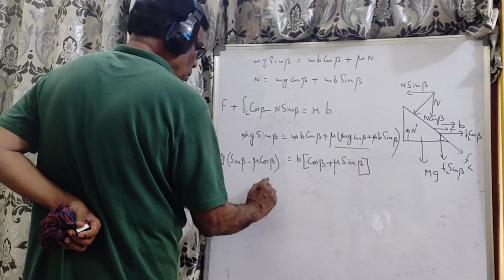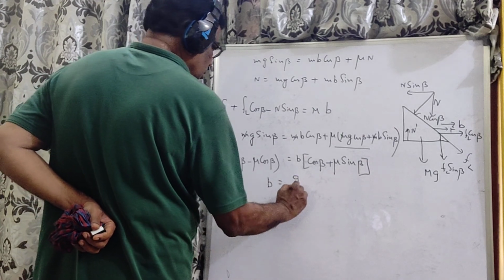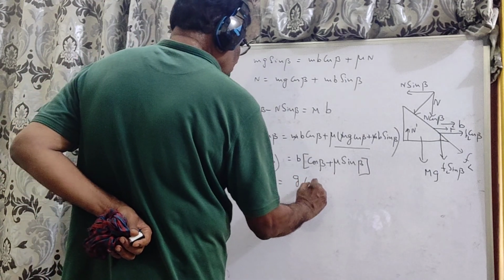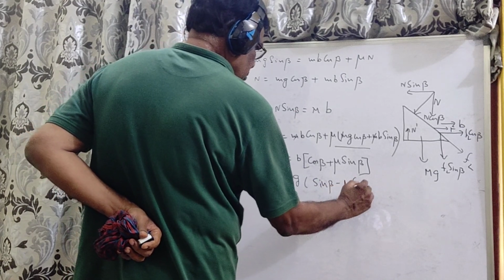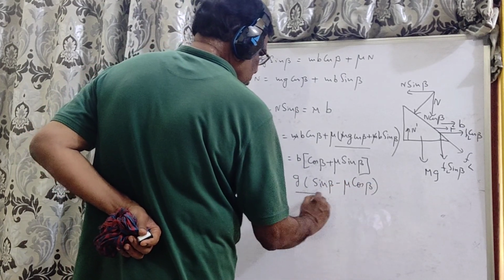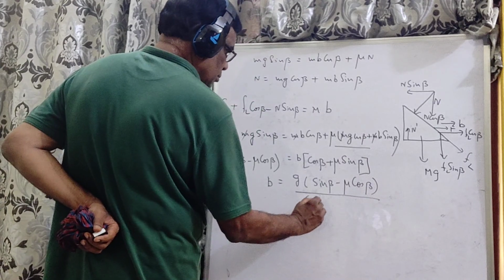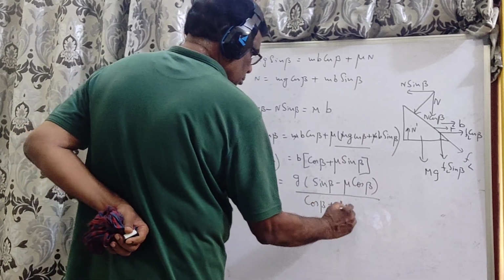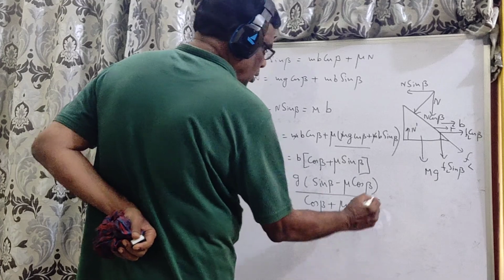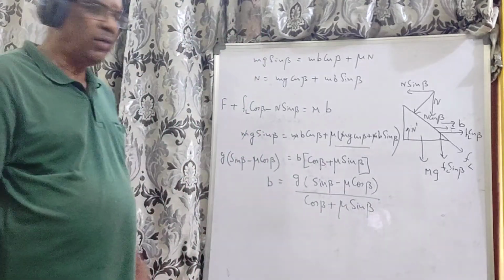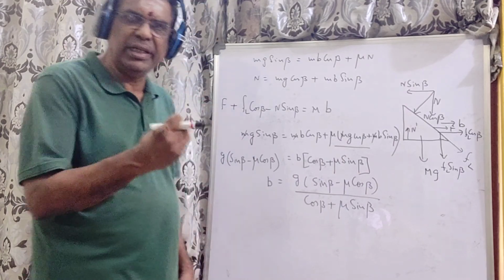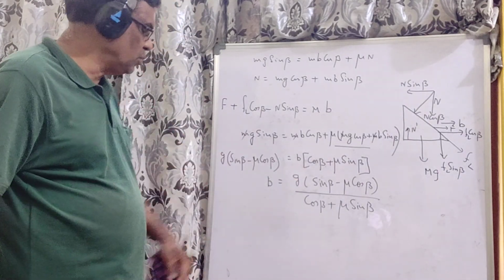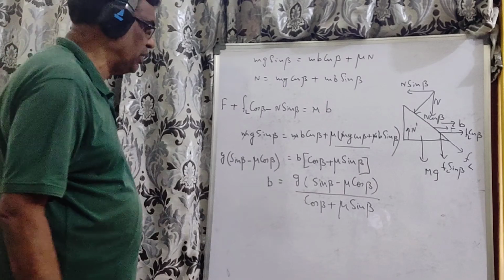So, B is equal to G into these are all not for your memory. Every time you are given a problem, start writing down immediately on your own, then you will get all the answers perfect.